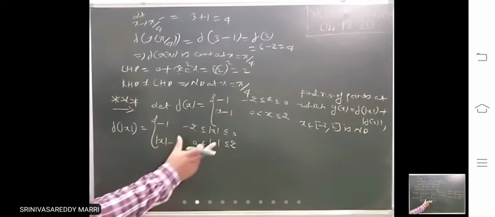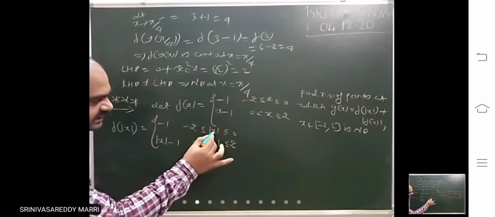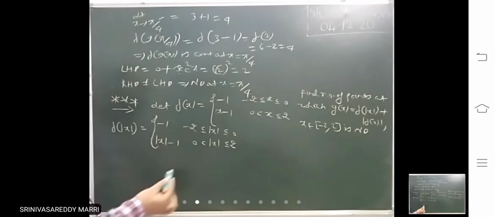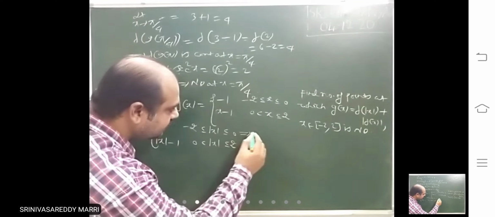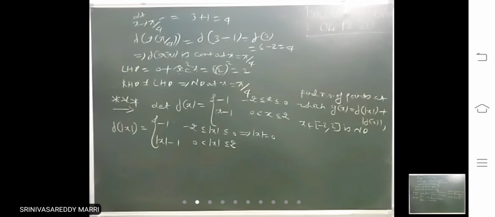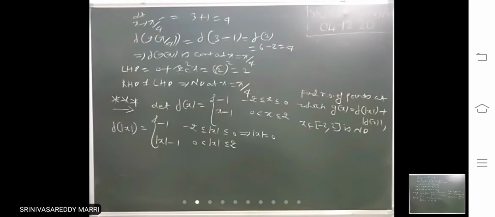Now look at, for this x interval you have to write. Modulus x is always positive. It is lying between -2 to 0, but it cannot be negative. This concludes that modulus x equals 0 only. There won't be any x for the negative values. Modulus x equal to 0 only is allowed.